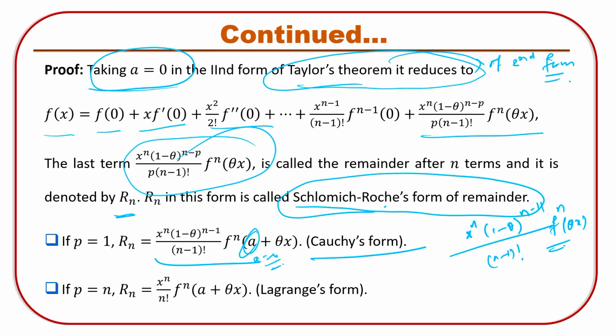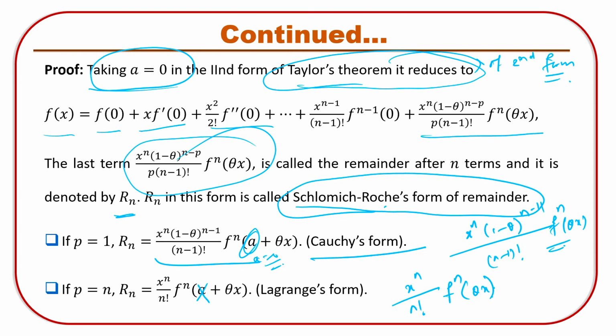Similarly, if I put p equal to n, we get x to the power n divided by factorial n, and n minus p becomes 0, so (1 minus theta) to the power 0 becomes 1, and (n minus 1) factorial into p equal to n, so n into (n minus 1) factorial becomes n factorial, and this comes out to f to the power n of theta x.